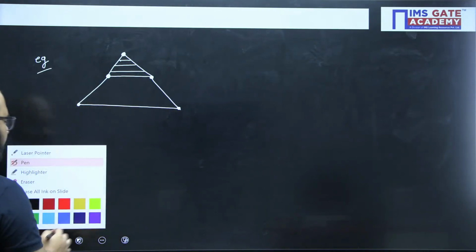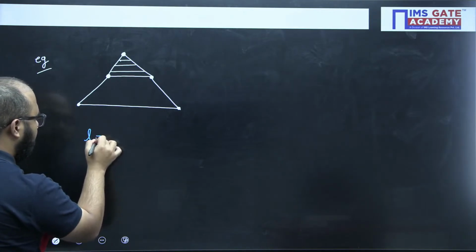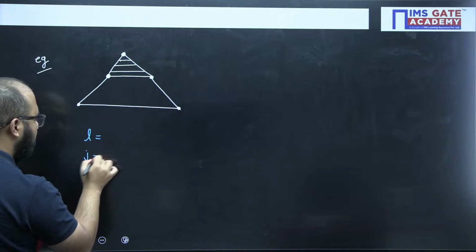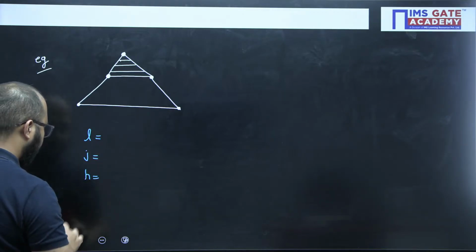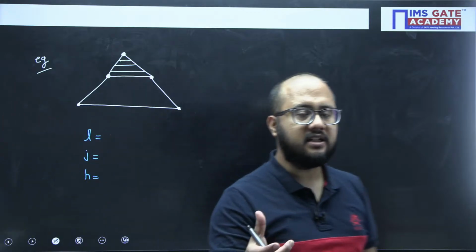Now in this particular case, how will you solve it? First of all, the number of links, binary joints, and number of higher pairs. Do it fast, everyone. I have made a small change here.